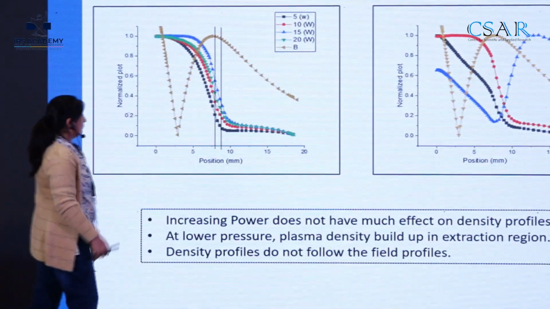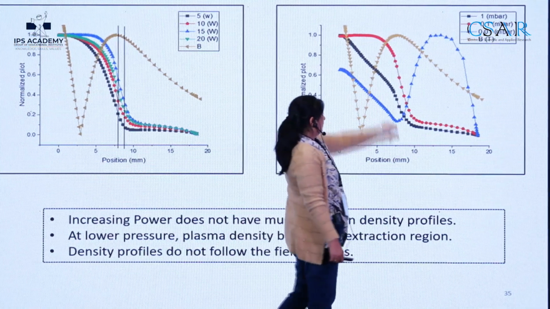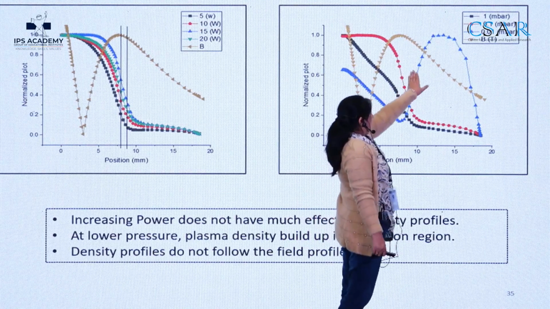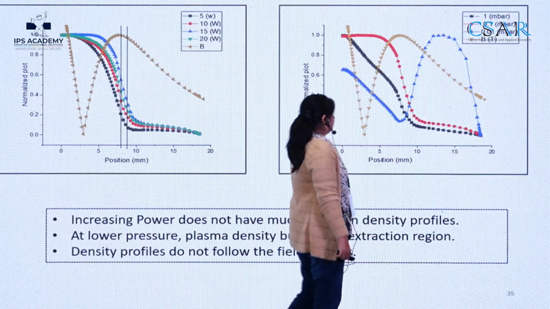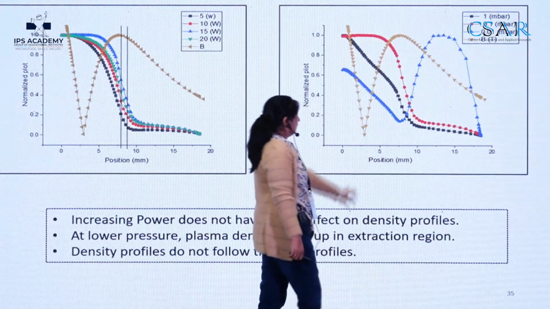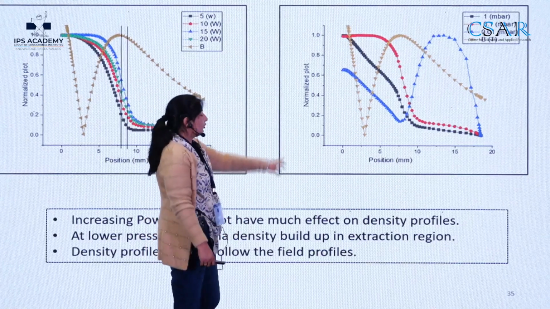So here I am comparing the normalized density plot with the magnetic field plot. We can see that at the lowest pressure, the density is actually higher in the extraction region. But nevertheless, at any pressure, density profiles are not following the magnetic field.